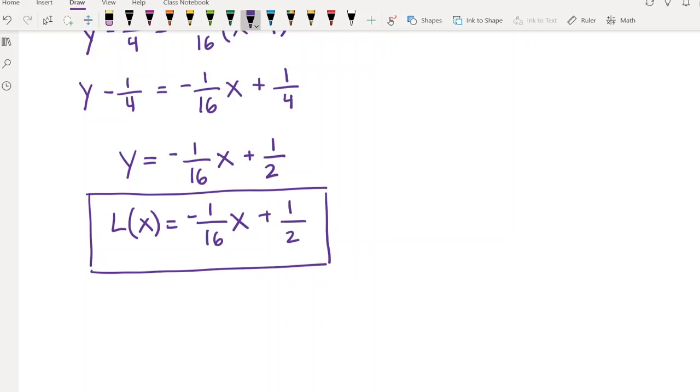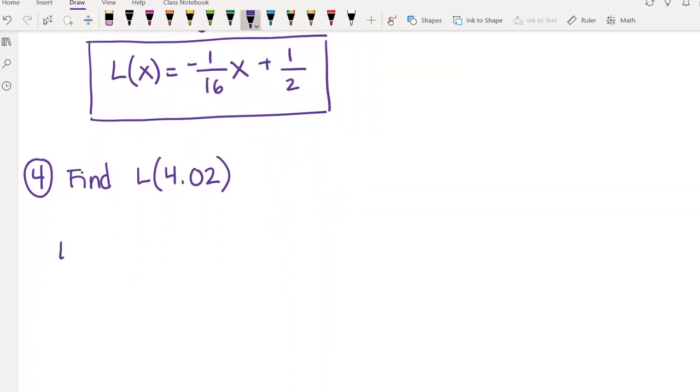So the last step is to basically use our linear approximation. We're going to find L of 4.02 instead of plugging it into our original function. And I know, again, I could definitely see you doing this and thinking, this is definitely not easier.